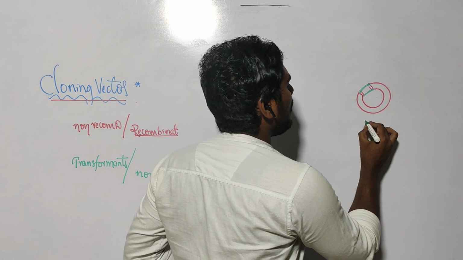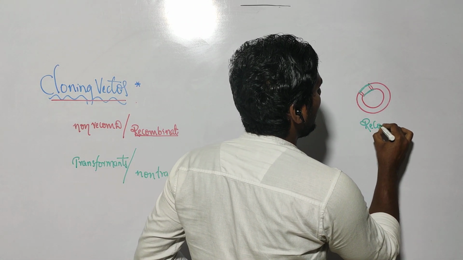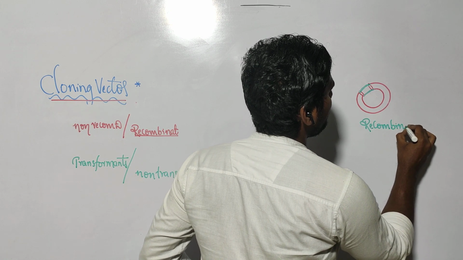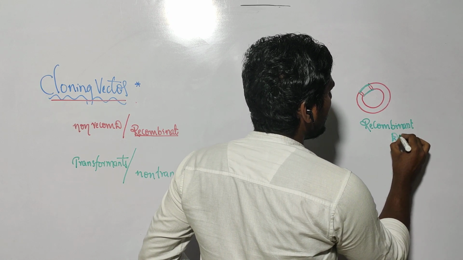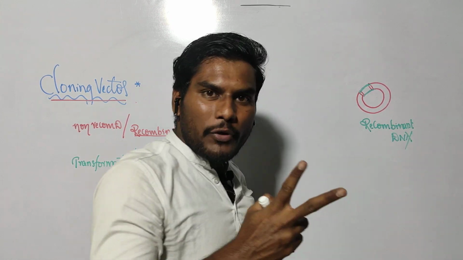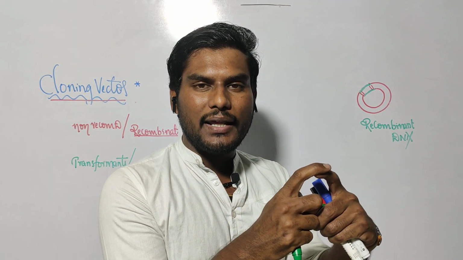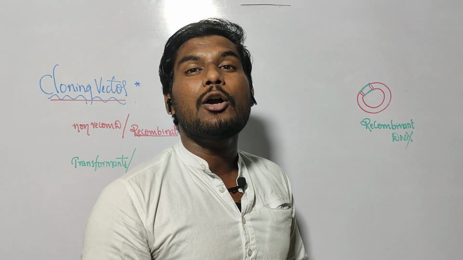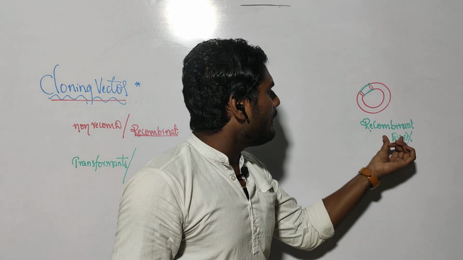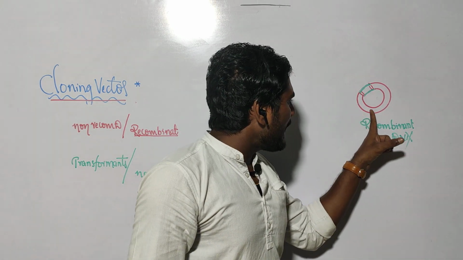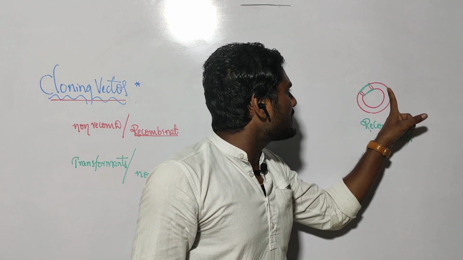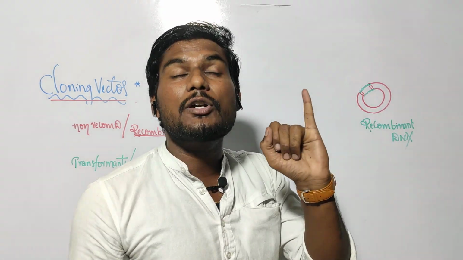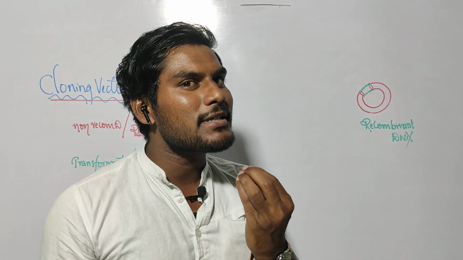This is now called recombinant DNA. We cut the DNA and we combined the DNA, because of that it is recombinant DNA. So recombinant DNA contains the plasmid's DNA, and along with it also contains foreign DNA, alien DNA, or the gene of interest.